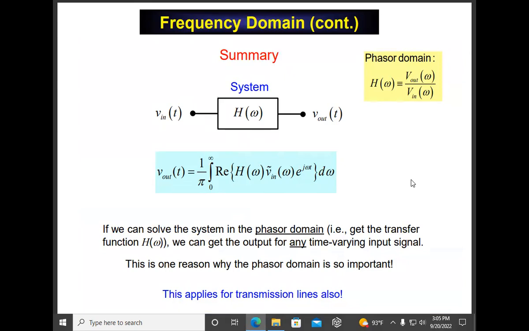So this is the mathematical basis behind why I said in bullet number 2 that with the Fourier transform, we can be more general and solve any kind of lossy transmission line problem, right? It applies to any system. Lossy transmission line is just one special case. So if I can get the transfer function for it, I can solve for the output function in the time domain. Okay, so you believe that?